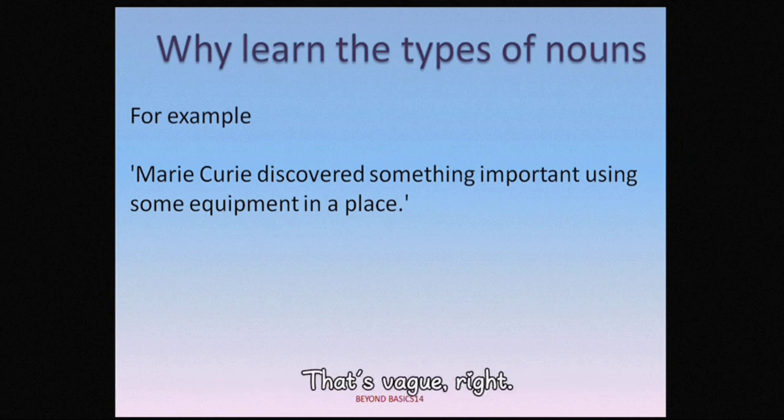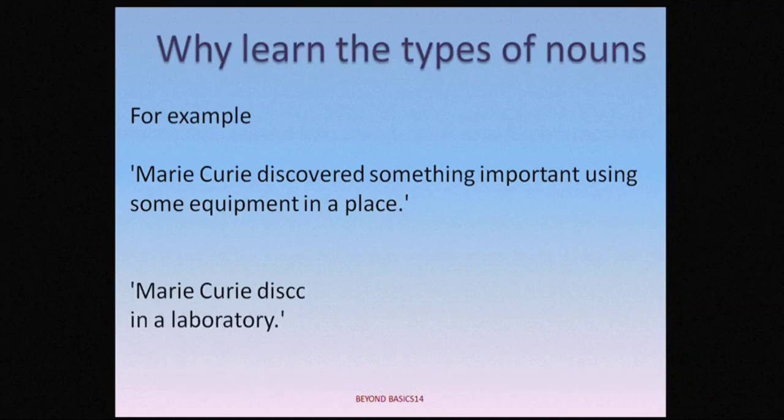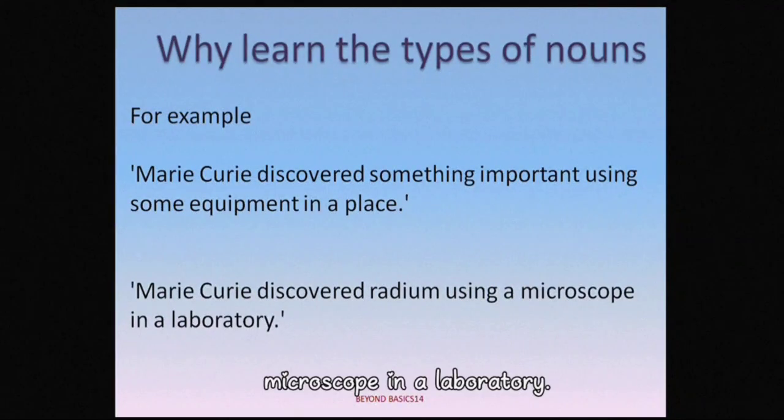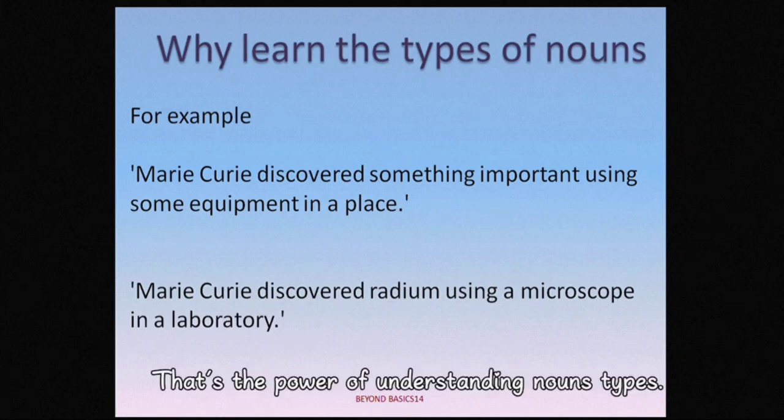That's vague, right? But if you know proper, concrete, and common nouns, you'll say Marie Curie discovered radium using a microscope in a laboratory. See the difference? That's the power of understanding noun types.